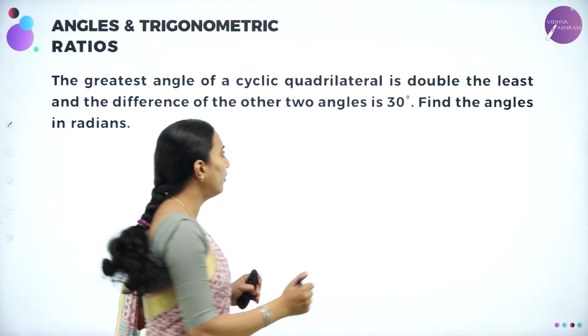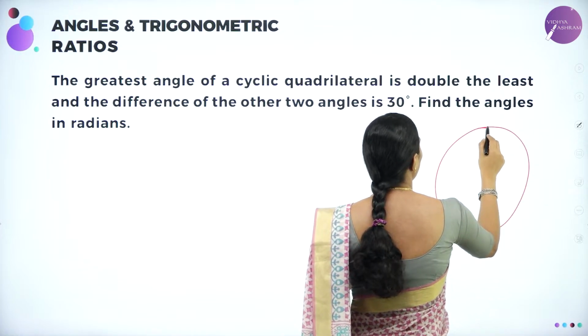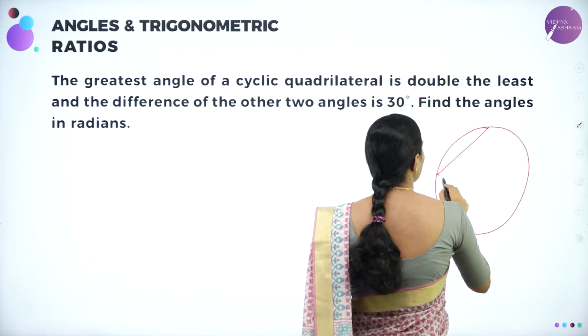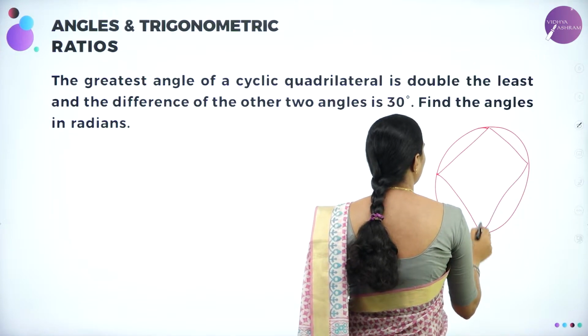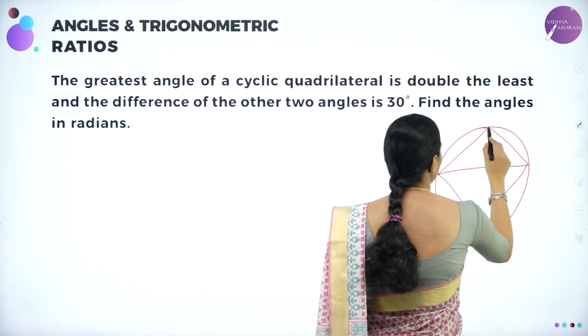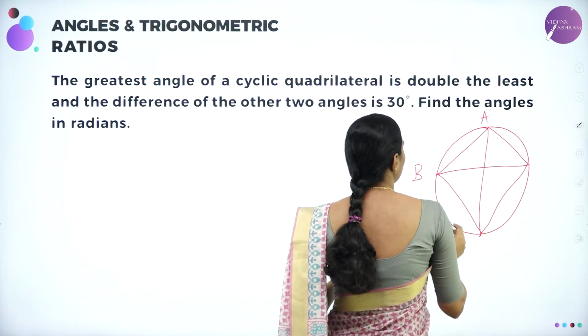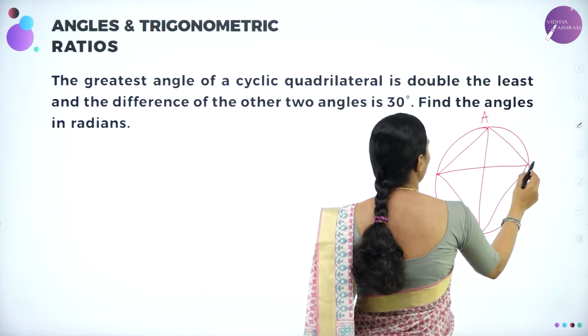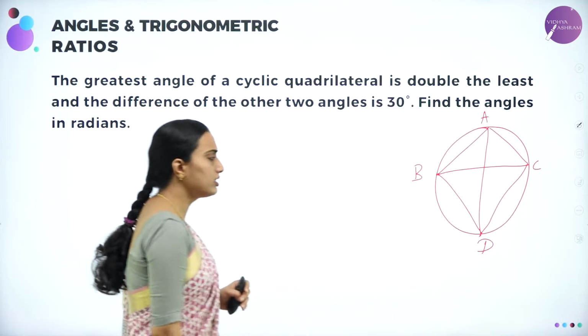Understood? So if inside the circle you have a quadrilateral, it is known as a cyclic quadrilateral. This is A, B, again you have C, D, right? So this is called a cyclic quadrilateral.